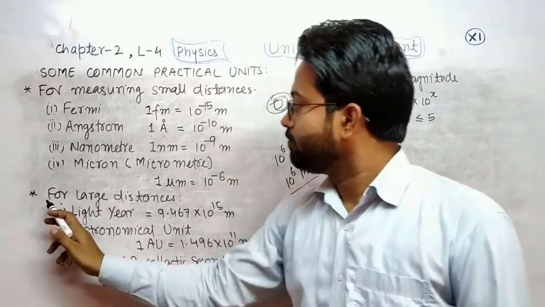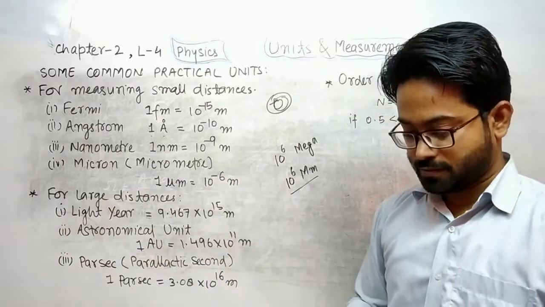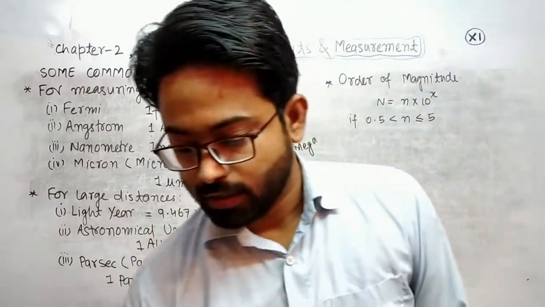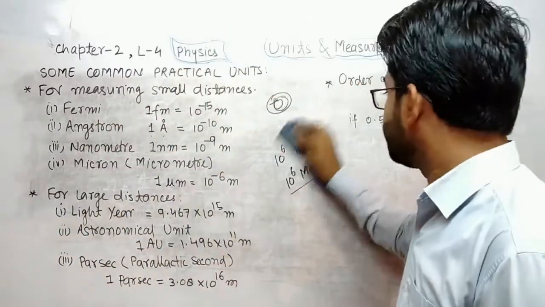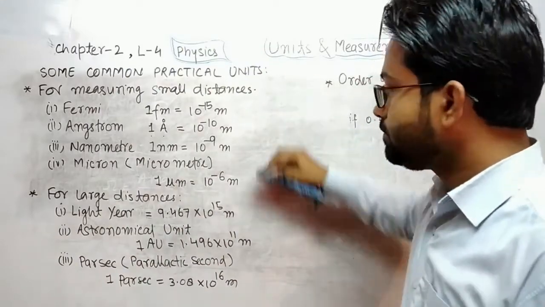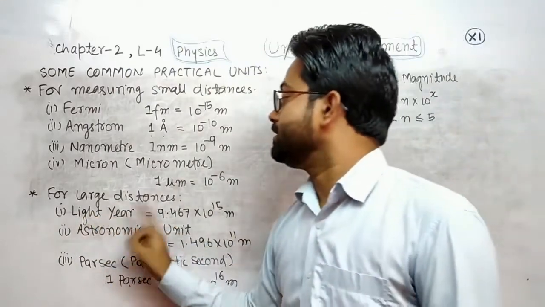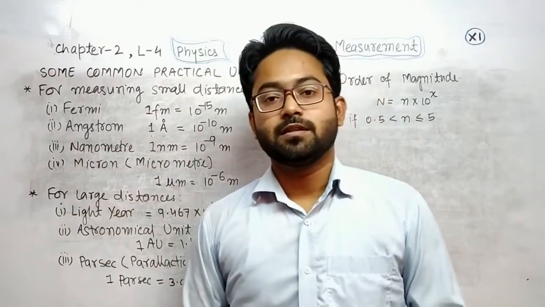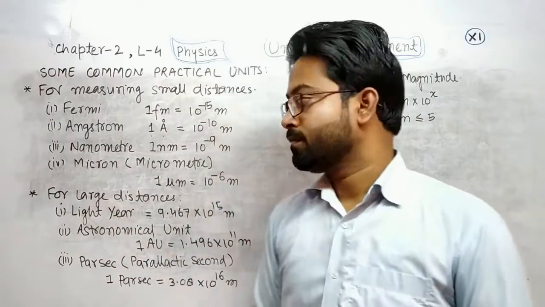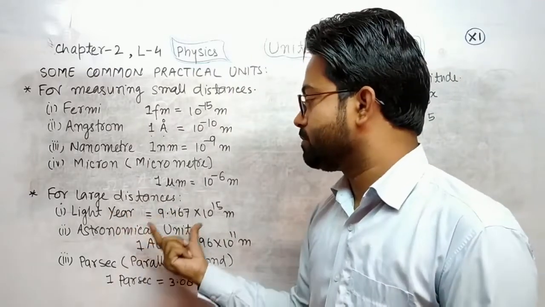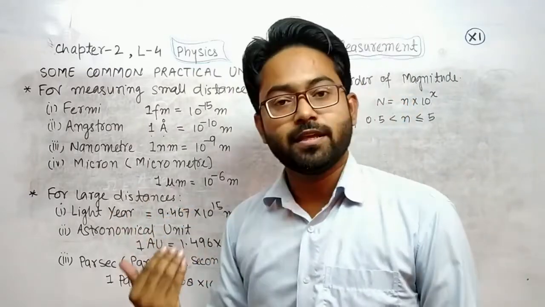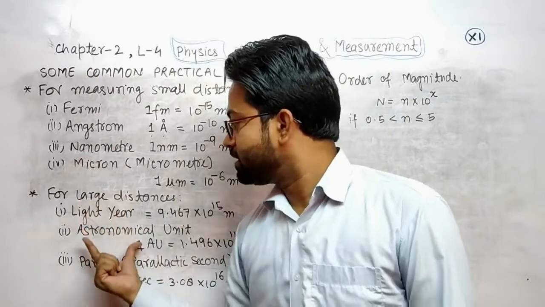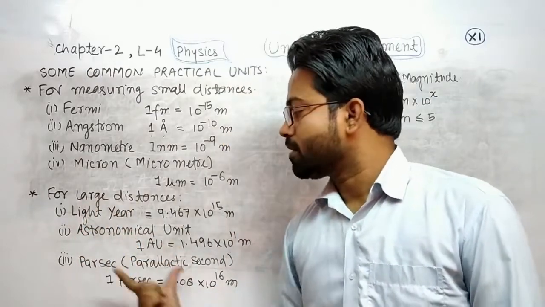Second point is for large distance. What are the units that are used to measure large distance? First one is light year. Meter, kilometer, miles are also units of distance, but these are not very large as compared to light year, astronomical unit, or parsec.